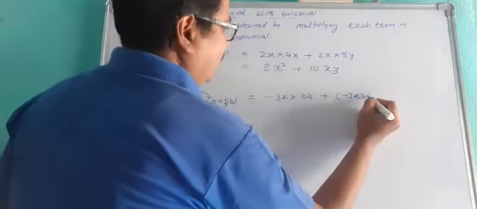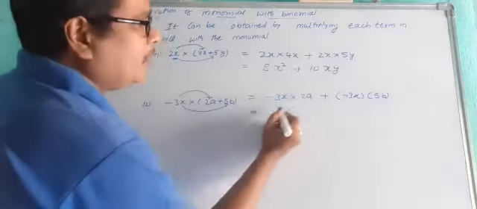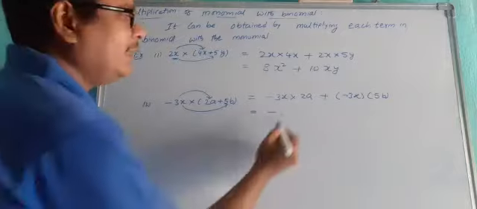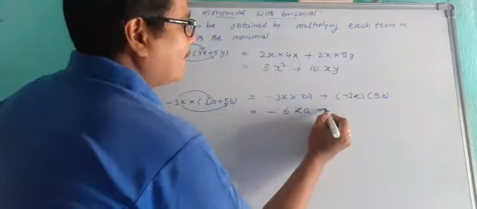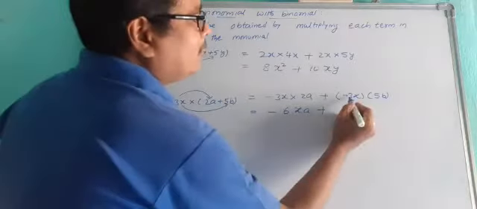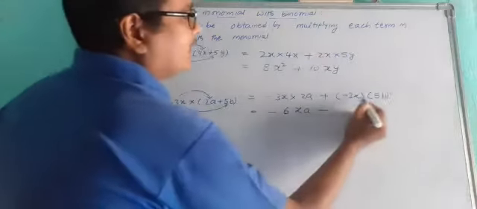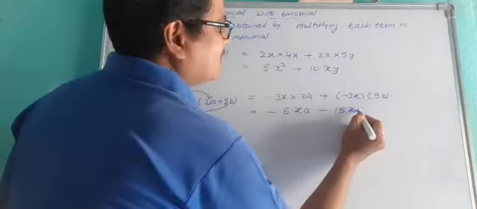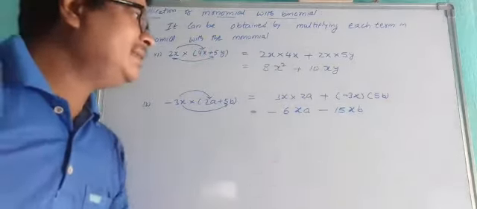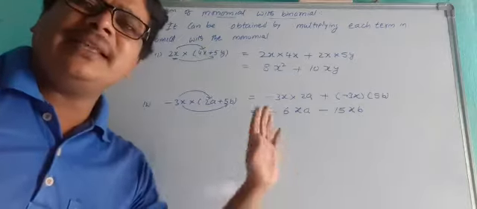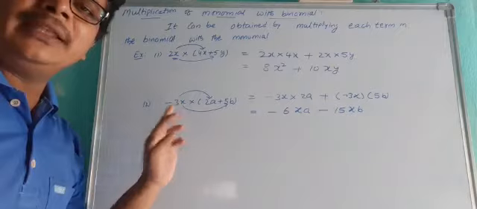Negative quantity into positive quantity, negative quantity. 3 twos are 6, xa, so minus 6xa. Negative into positive, negative, 3 fives are 15, xb, minus 15xb. So this is the resulting polynomial after multiplication of binomial with monomial.